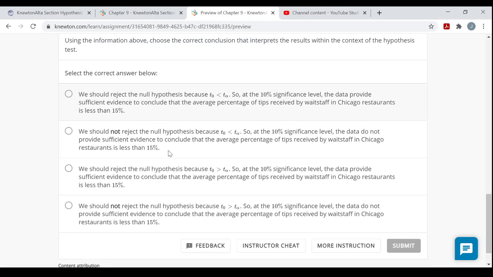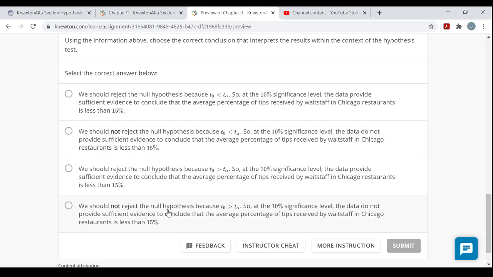So we already said we should not reject the null. So it's either the second option or the fourth option. Let's see, because T0 is less than T alpha. Nope. If this were the case, if my test statistic was less than the critical value, then I would have been in the rejection region.